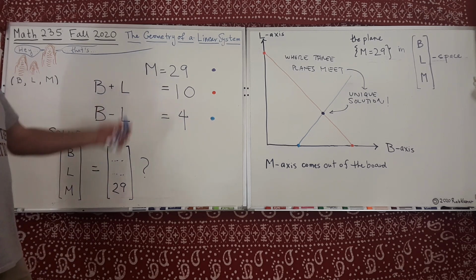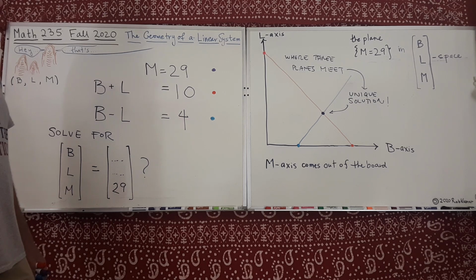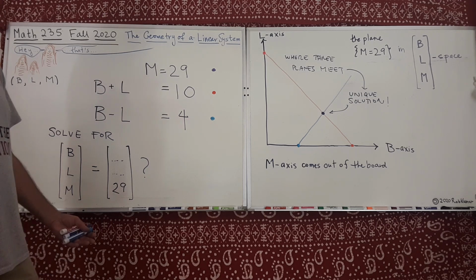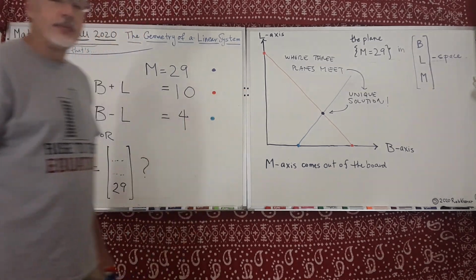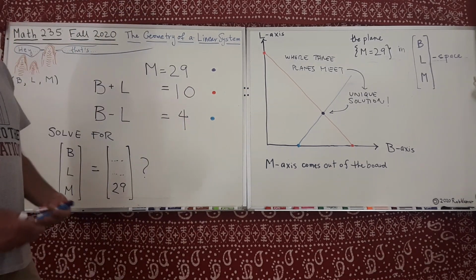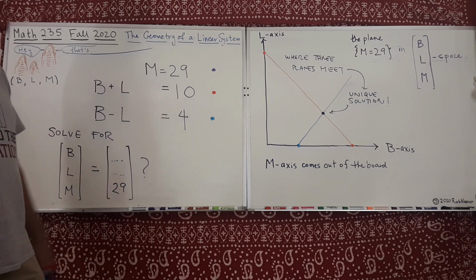What's going on with the planes? Do you ever have a finite number of solutions that isn't one or none? And if you have more than one solution, i.e. infinitely many, how can you describe that set of solutions?